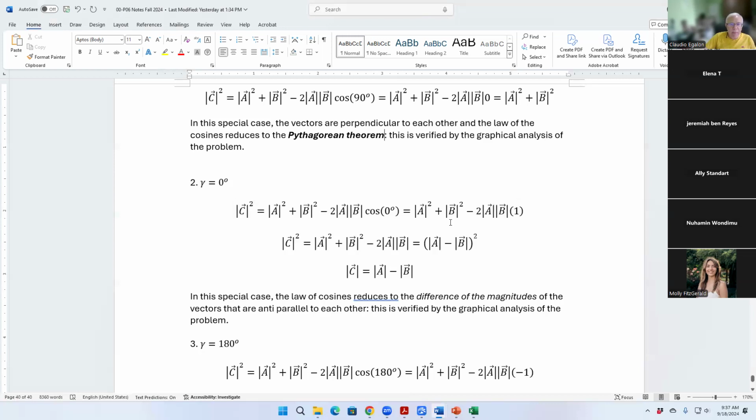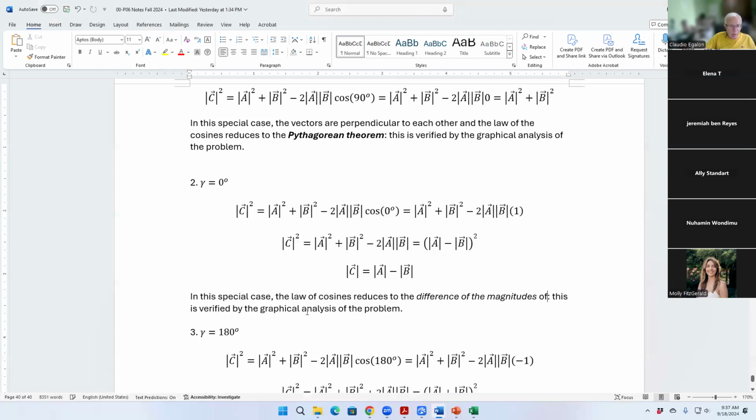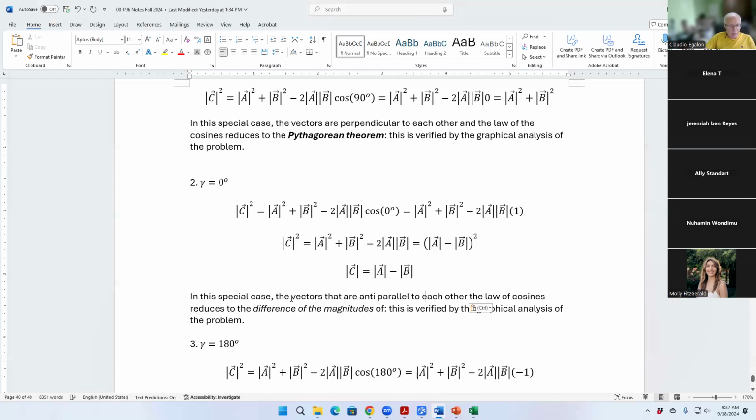And I'm going to do the same here. In this special case, the vectors are parallel to each other, and the law of cosines reduces to the difference of the magnitudes of the two vectors.